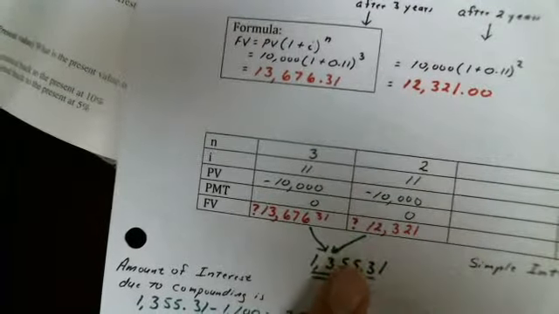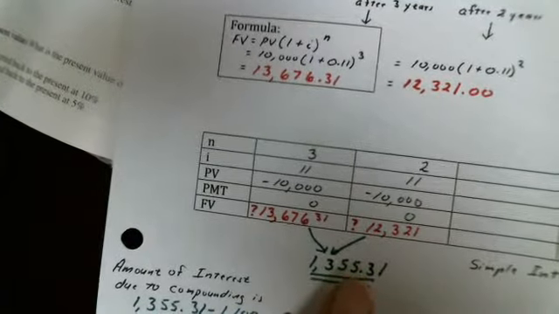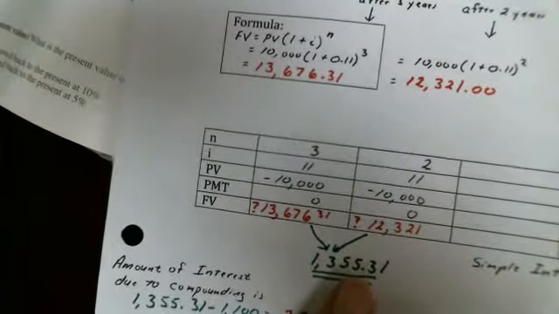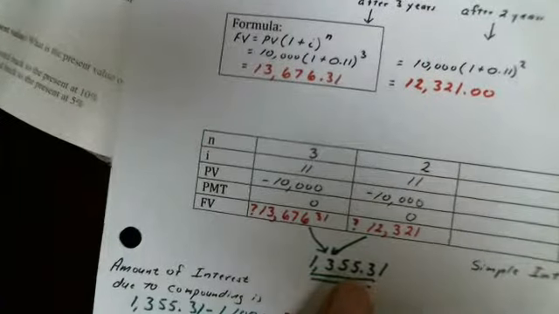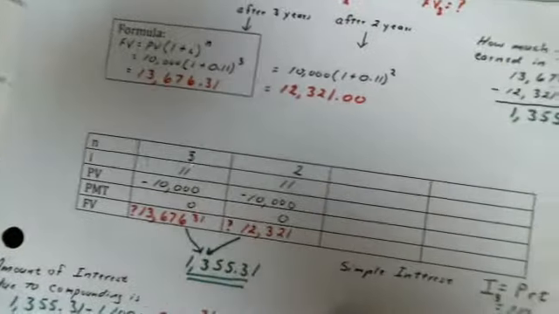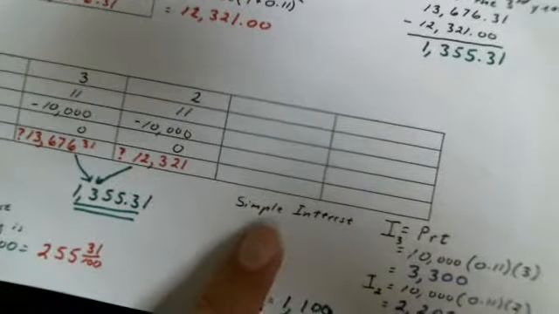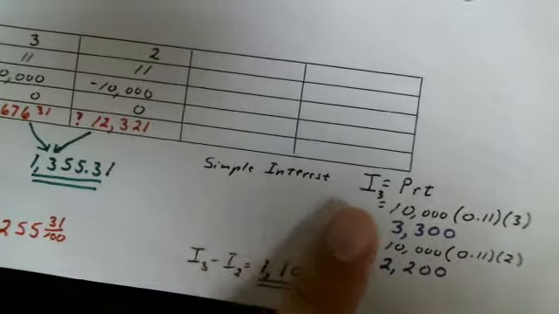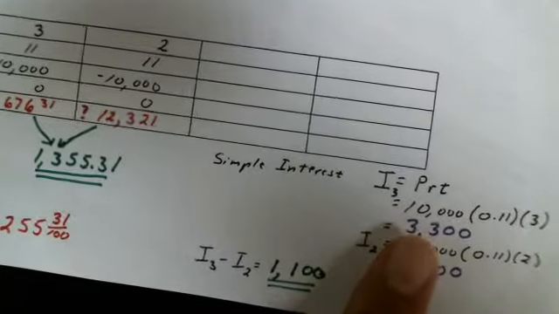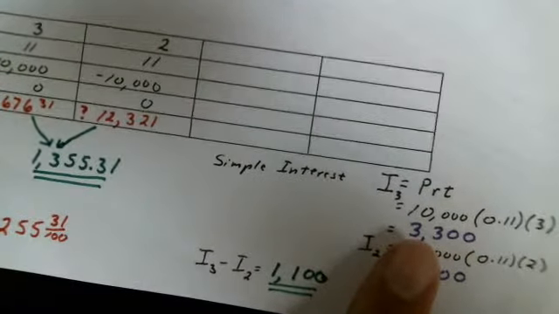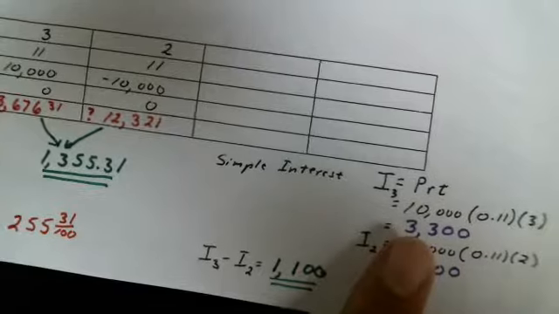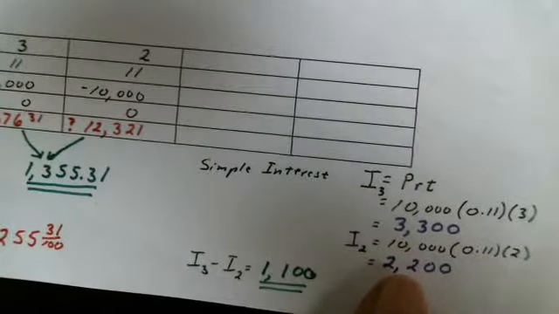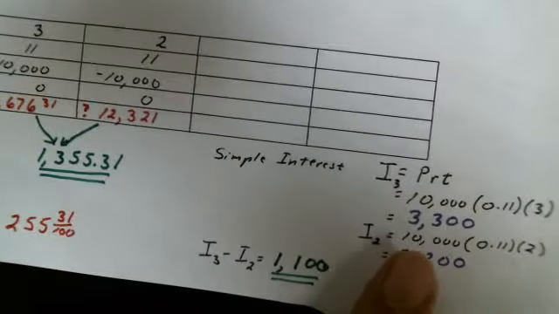When you subtract the difference between these two, this would be the amount of interest earned in the third year due to the compounding. Over here is the old school, I'm sure you did this back in algebra, of simple interest. So I equals PRT, here are the values. You get $3,300 was the amount of interest earned after 3 years. $2,200 would be the amount of interest earned after 2 years.